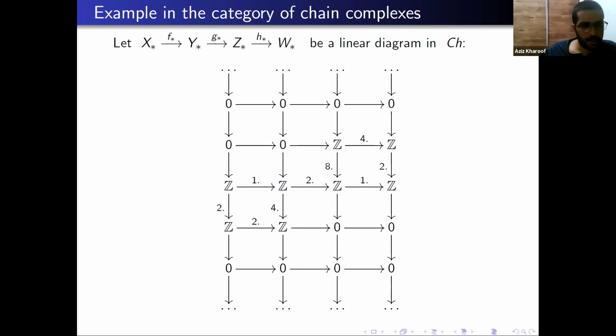Yeah, do you have another question? Well, this is a little bit weirder question, more vague. I'm just trying to think about this. Is this related to infinity categories or something?